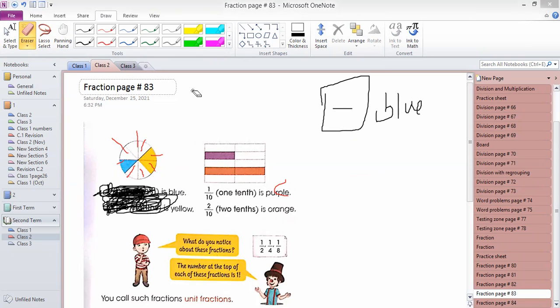1 over 8. Very good. I'll take one student who will tell me how to read it or how to write it. Muhammad Majdi, how to write it or how to read it? 1/8.